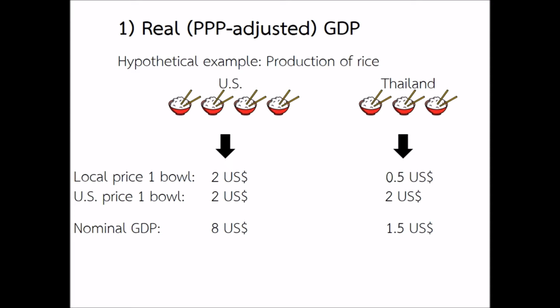And how does that work? It works simply by using one consistent price for all countries. So for example, we use the price of one bowl of rice in the United States, both for the United States and for Thailand. So the price that we use is the same.